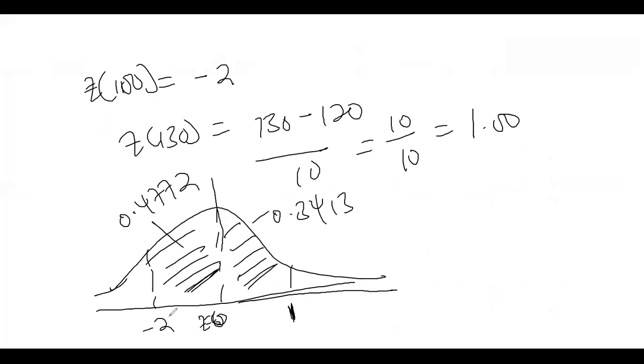So if you are looking for between -2 and +1, essentially you get 0.4772 plus 0.3413.